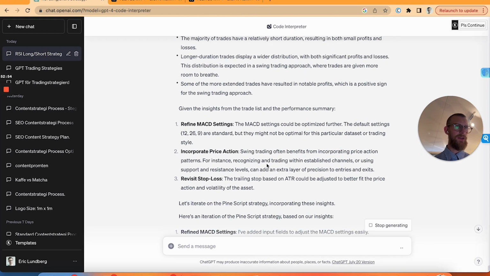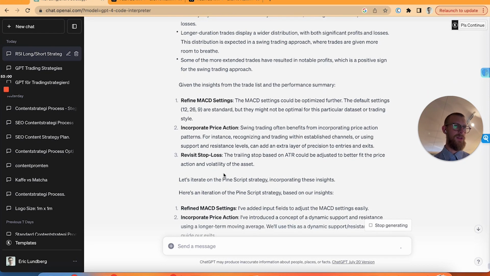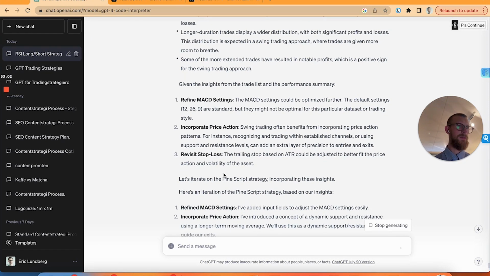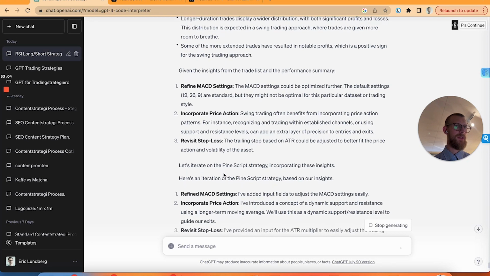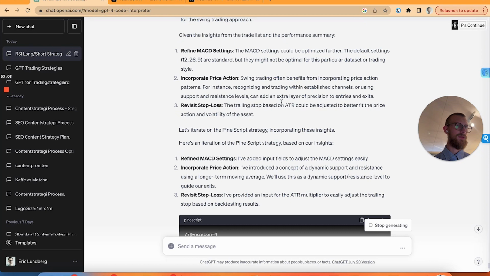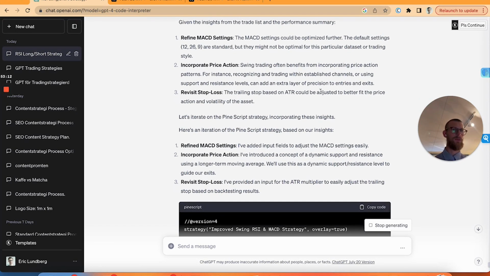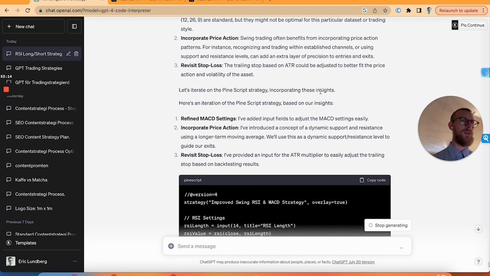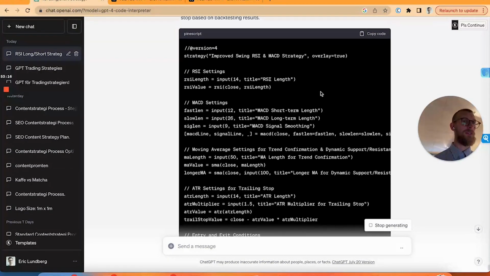So now it's suggesting refine the MACD setting, incorporate price action, recognizing and trading within established channels or using the support and resistance levels. Okay, that would be cool if it does.